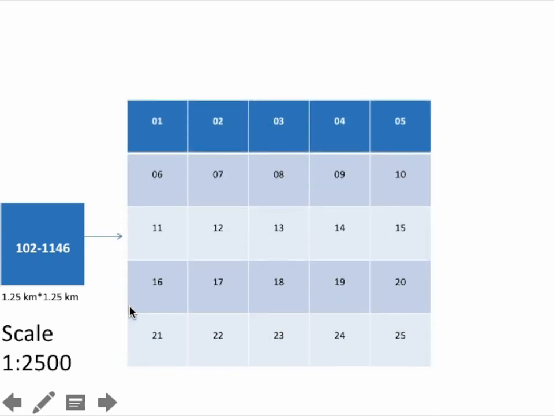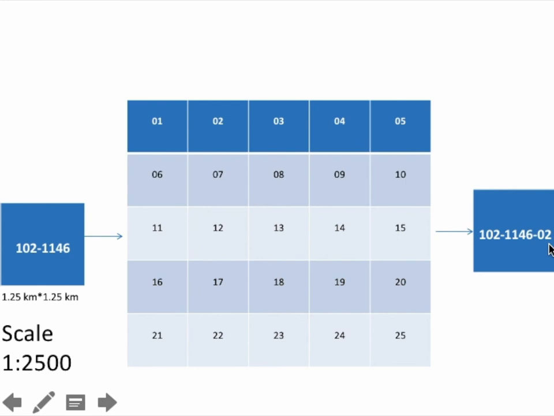If I have to further divide this into 500 scale, 1:500, then I will take that particular cell 102 1146, and further divide it into 25 parts. This grid, or square box, I further divide into 25 parts. Then it will be written in such a fashion: 102 1146 02.